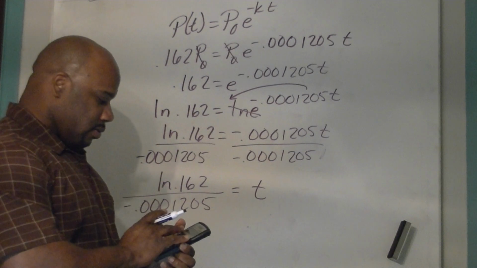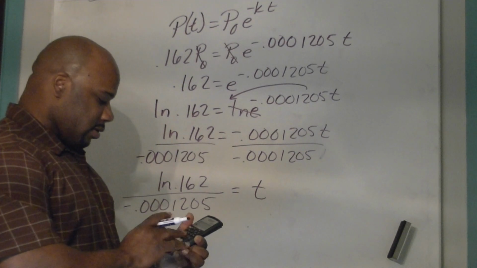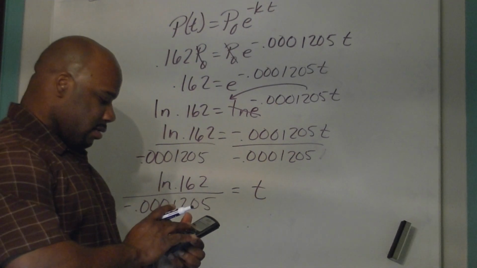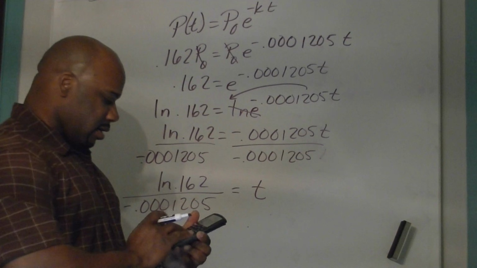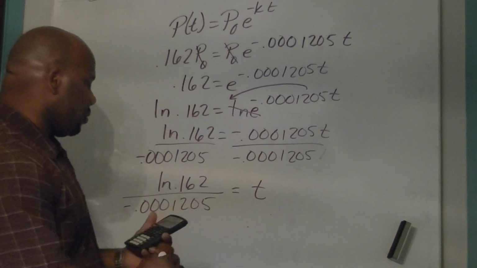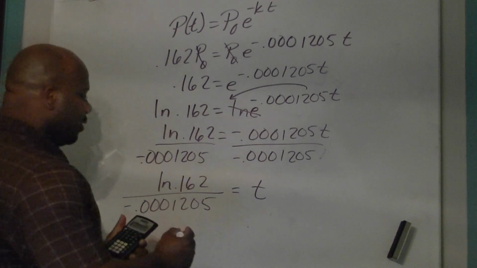Let me try this again. Natural log of 0.162 divided by negative second answer. There we go. I had the same number, it's just negative instead of positive.